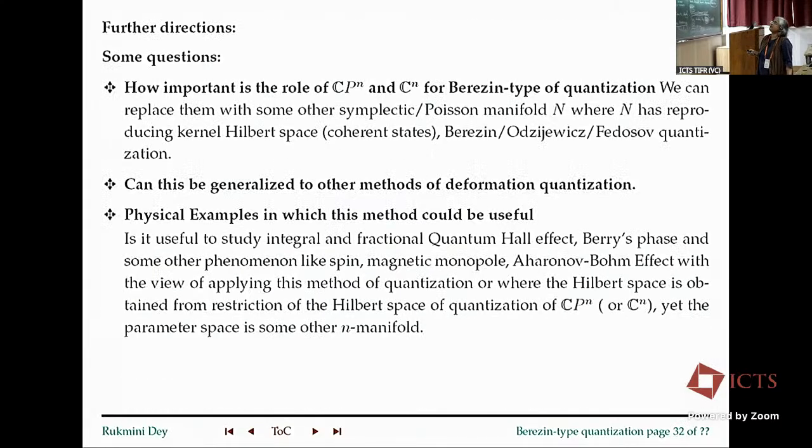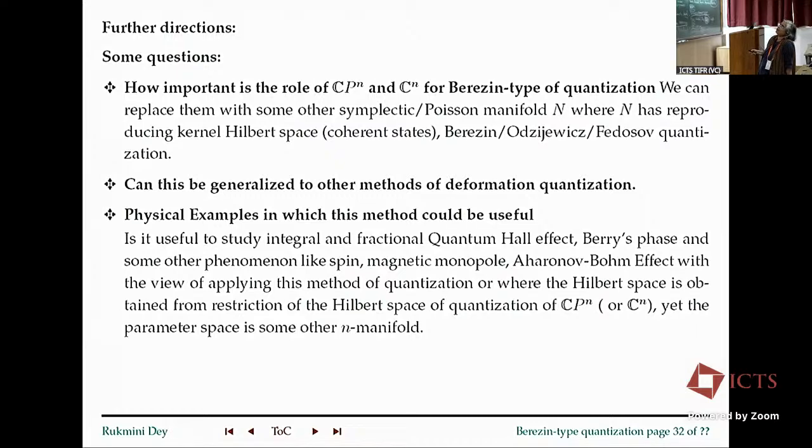So how important is the role of CP^N and C^N for Berezin-type quantization? We can replace them by some other symplectic or Poisson manifold N, but N should have a reproducing kernel Hilbert space. That means it should be equipped with coherent states. And it should also have Berezin, Boutet de Monvel, or Fedosov quantization. One of them should be there.